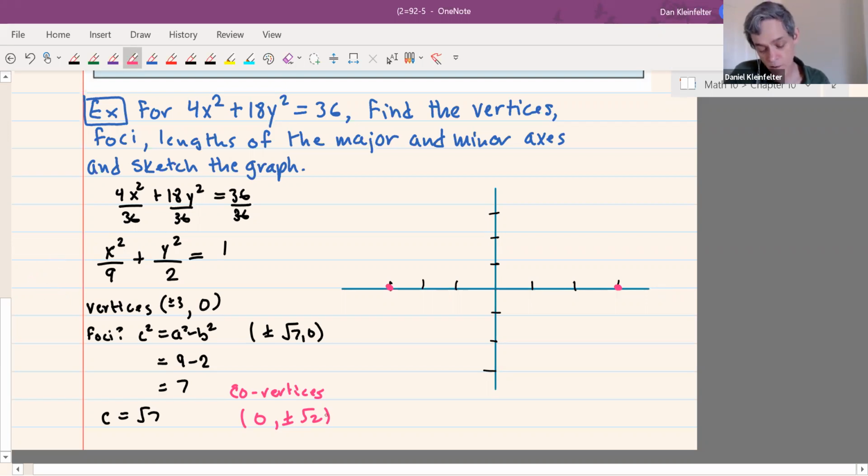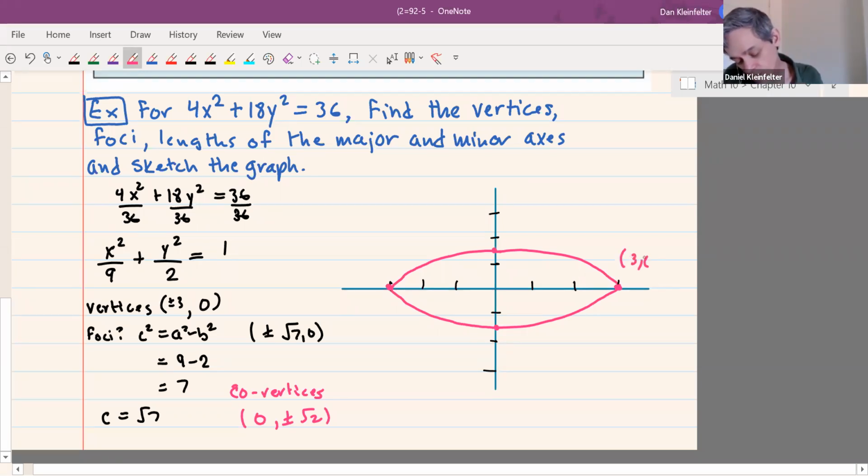That'll be root 2, which is about 1.4 for my picture. Okay, that's good. Let me label some points. There's the vertices at 3, 0 and negative 3, 0, and 0, root 2 and 0, negative root 2.